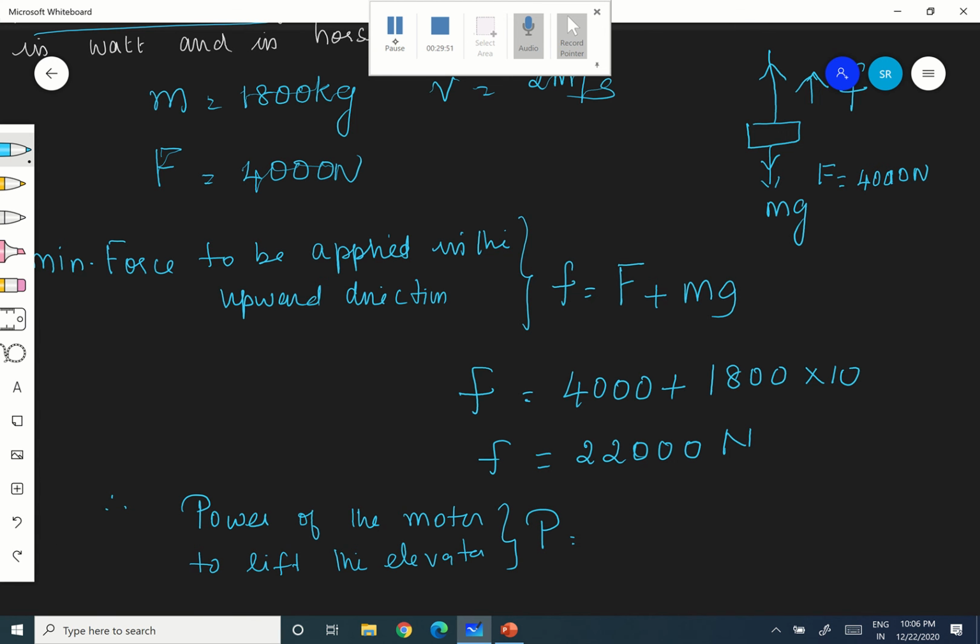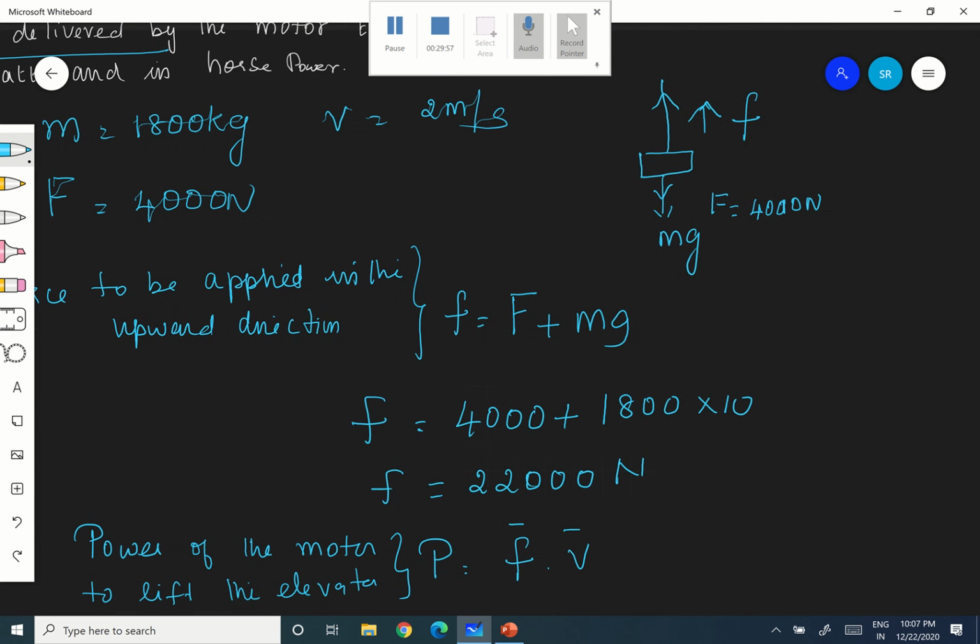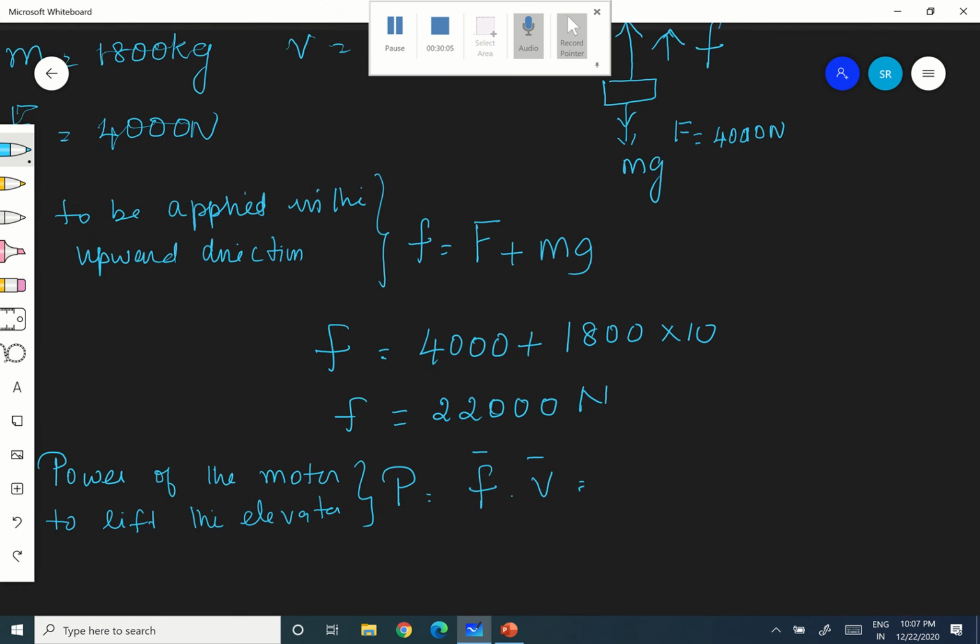Power is nothing but force dot V. Because the elevator is moving in the upward direction, velocity will also be in the upward direction, and the force to be applied is also upward. Therefore it is nothing but F into V. That is 22,000 into V, which is 2 meter per second.